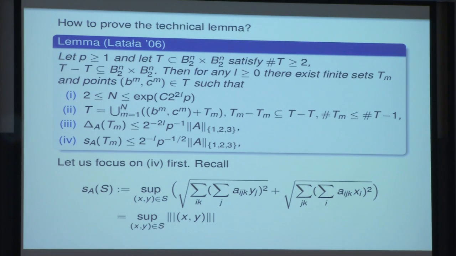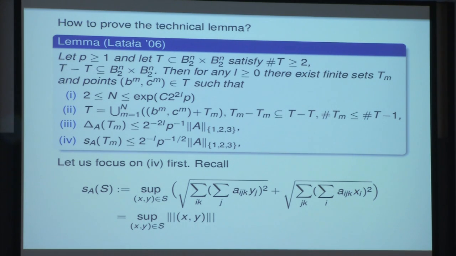So in fact, we want to get a decomposition like this, where each of the sets Tm has elements in it that have small norm. Well, the maximum norm of elements from Tm is small. So here we have a shift. So in fact, it corresponds to finding a partition with small diameter in the metric corresponding to this norm.